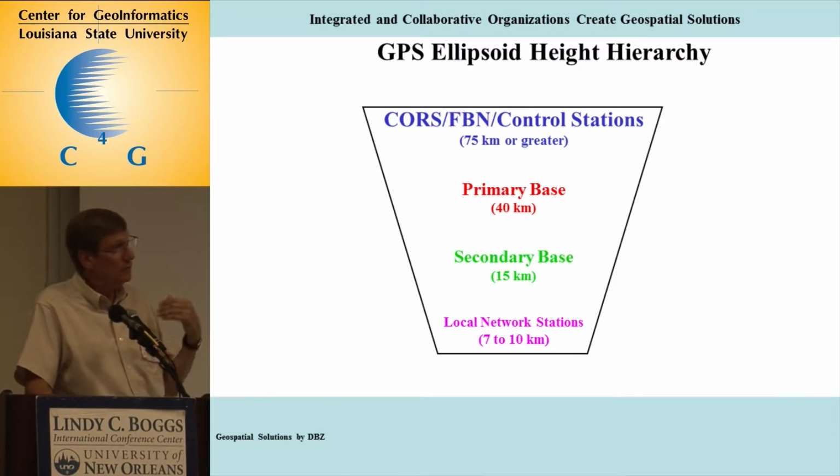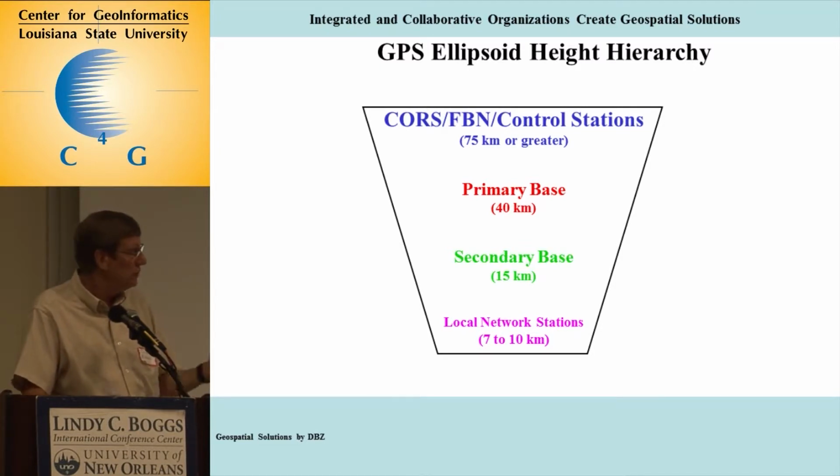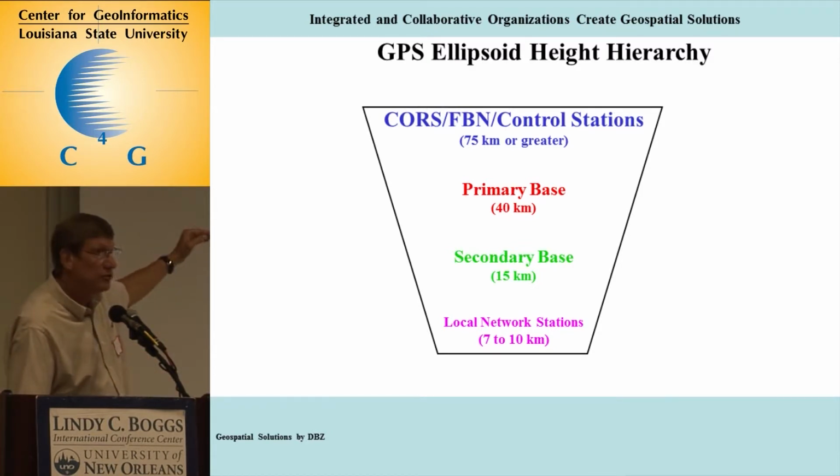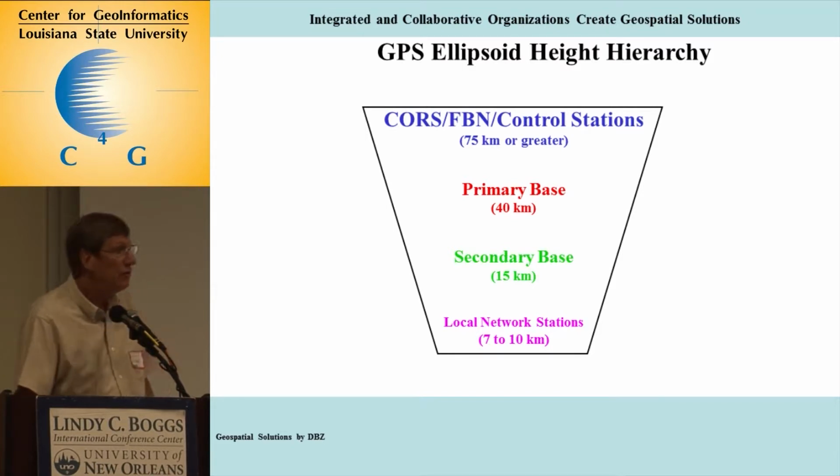If you looked at the new readjustment of the national spatial reference system, 2007, you look at that, there's a lot of benchmarks that have accurate ellipsoid heights now across the nation. There's a lot of them. Are they at the 40 kilometer spacing? And in many places, yeah, they are. And so those coordinates are accurate. And so I'm going to describe what it means for the control station down to primary. But in many cases, they're already there.